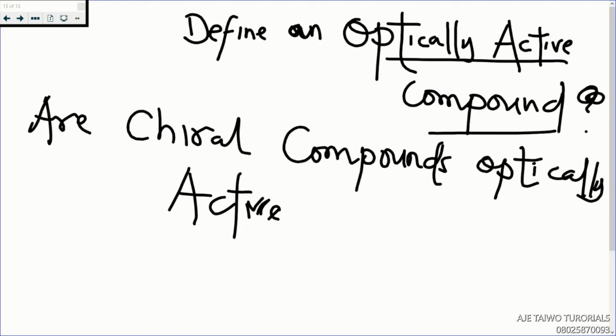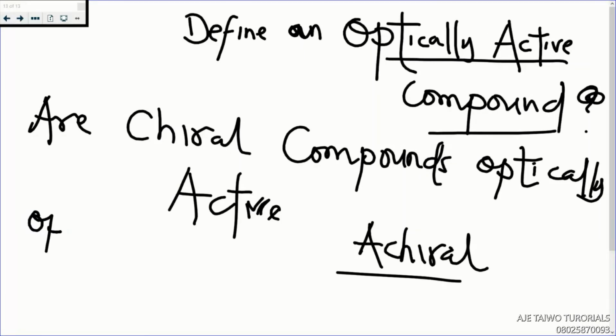Watch that. Why are achiral compounds not optically active? They are optically inactive.